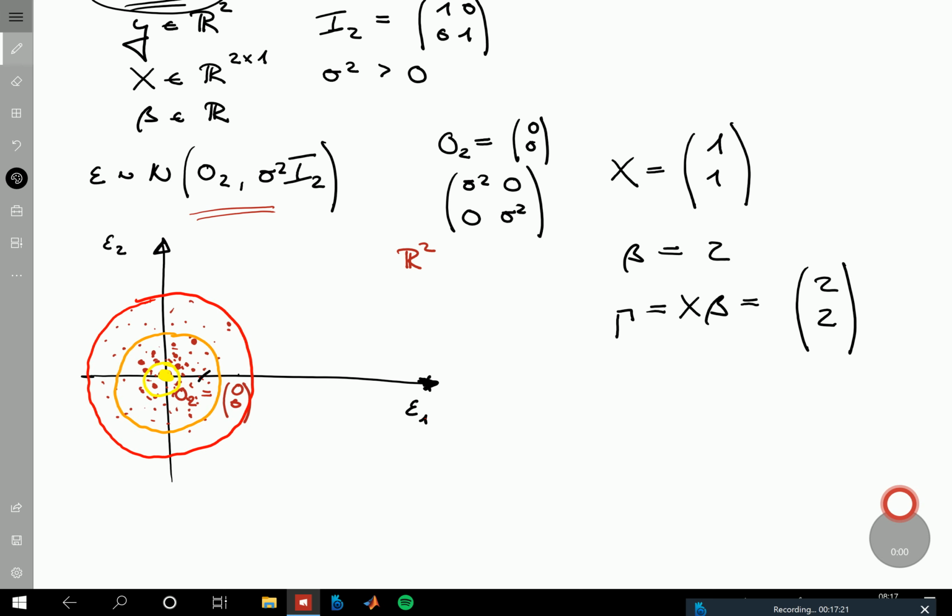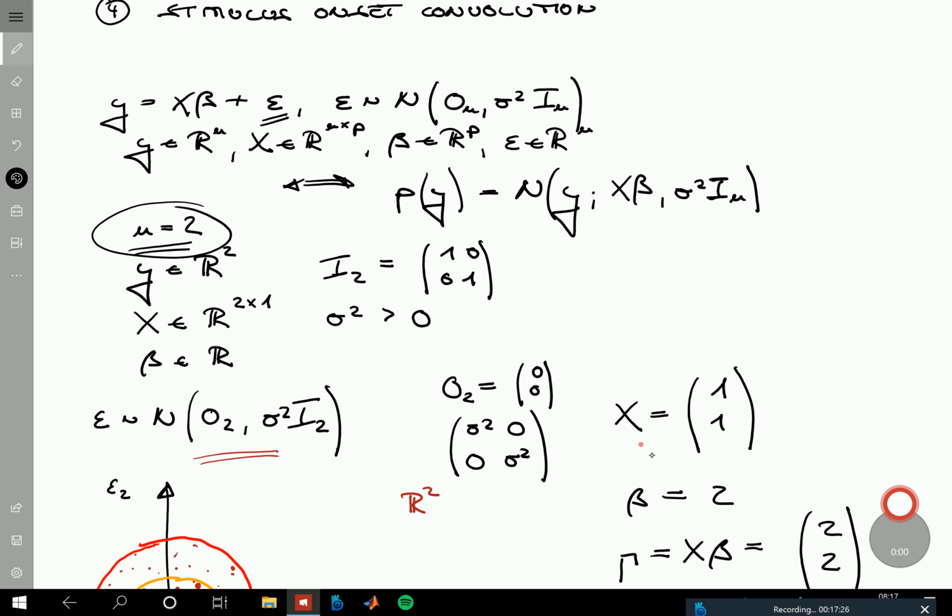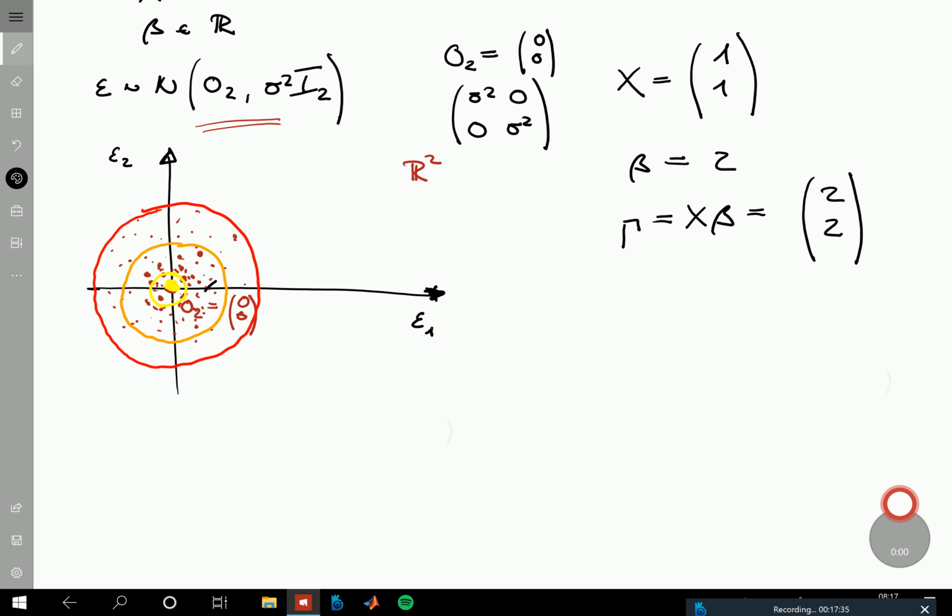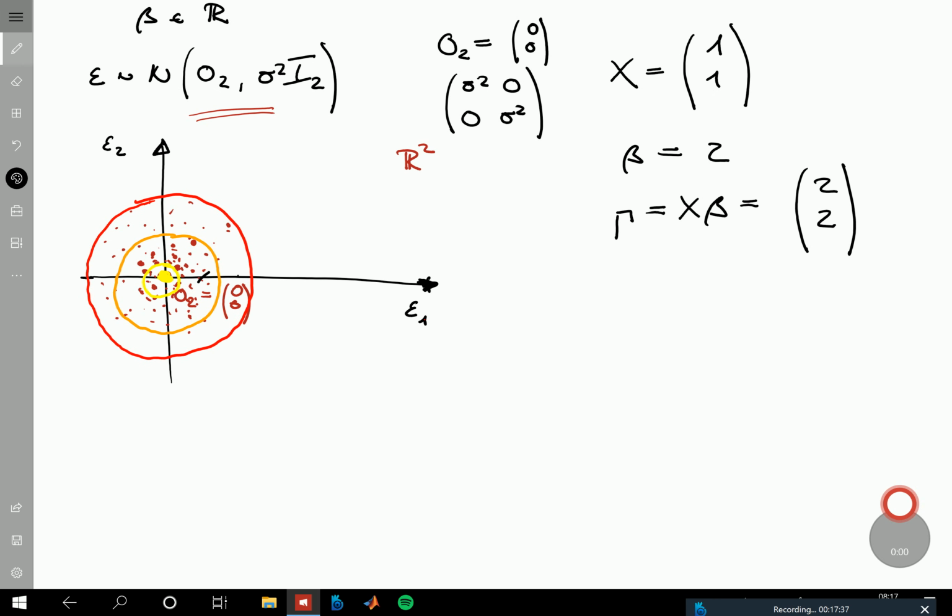Now what the GLM equation says is that we add to each epsilon that we sample the product of the design matrix and the beta parameter vector. So essentially, when we sample something here, let's put in some numbers. Let's say this is 1, this is 2, and similar here.